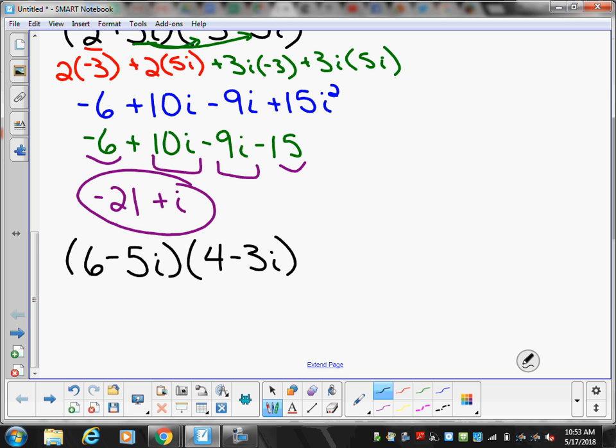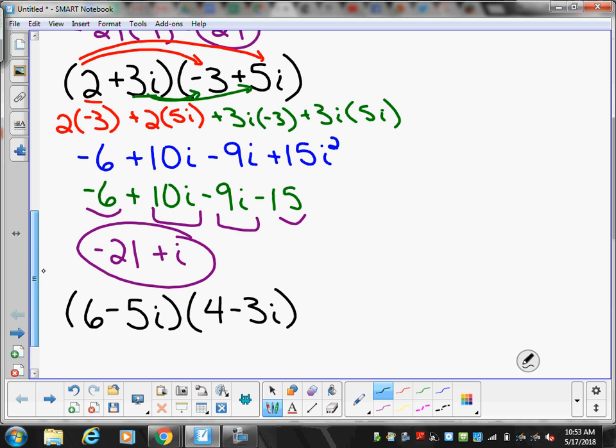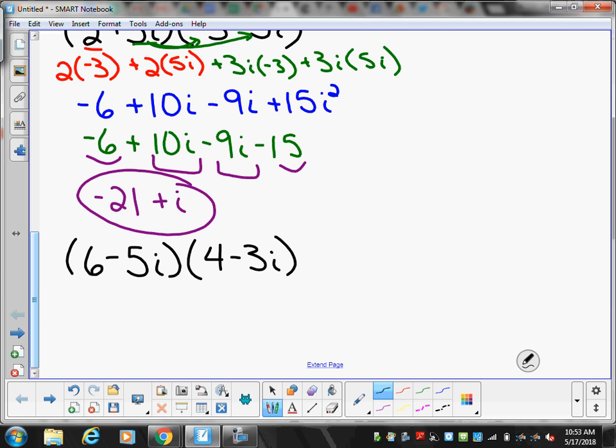Right here, it's 6 minus 5i, so we treat that minus like a negative.